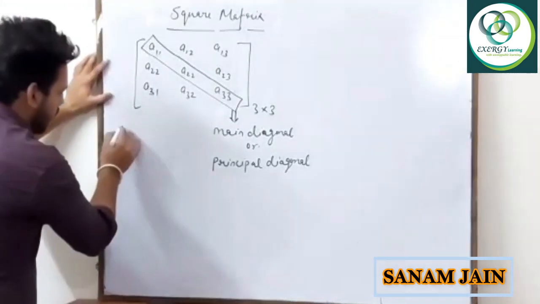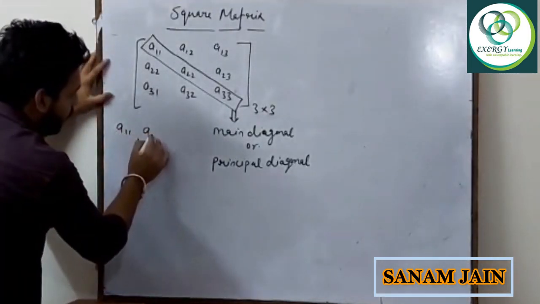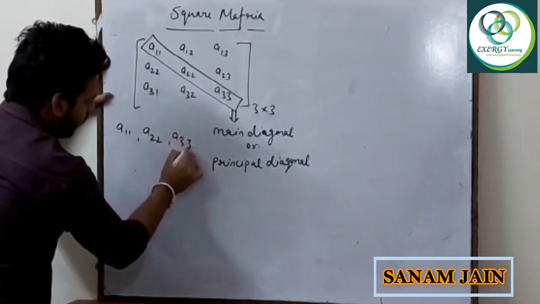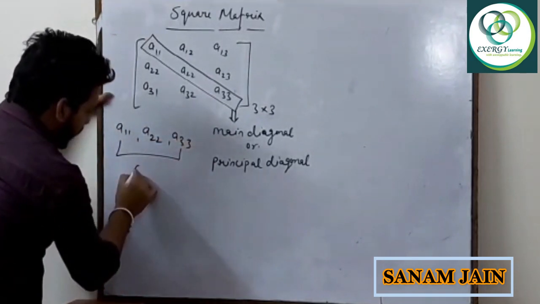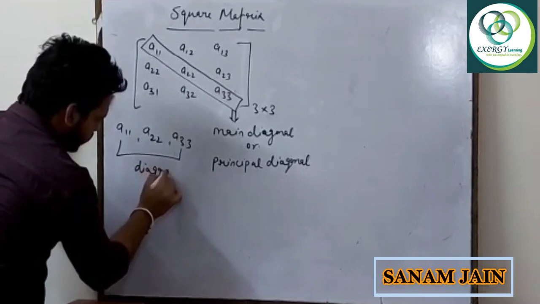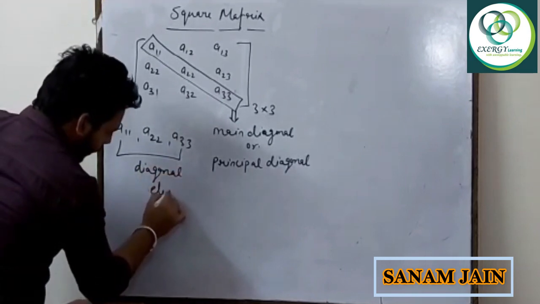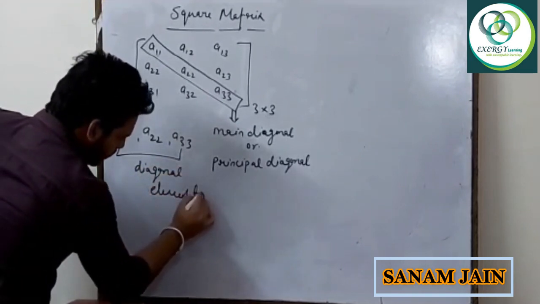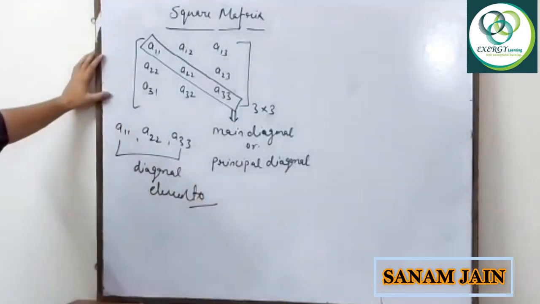As we can see, a11, a22 and a33 are known as diagonal elements.